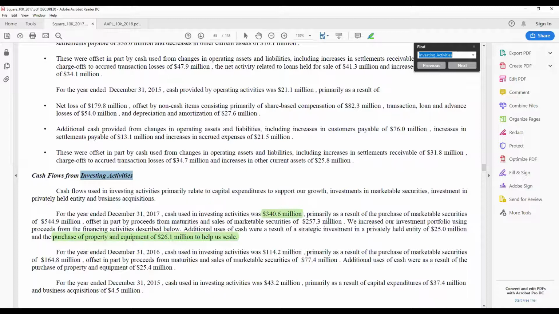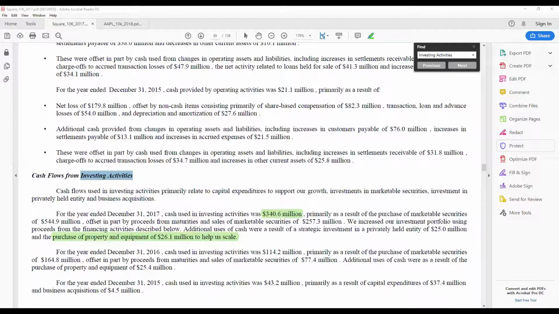We increased our investment portfolio with proceeds from the financing activities described below. So the purchase of property and equipment of $26.1 million, which is used to just help us scale, so not directly correlated with returns. So this $26.1 million is what we will go ahead and subtract from the overall 340.